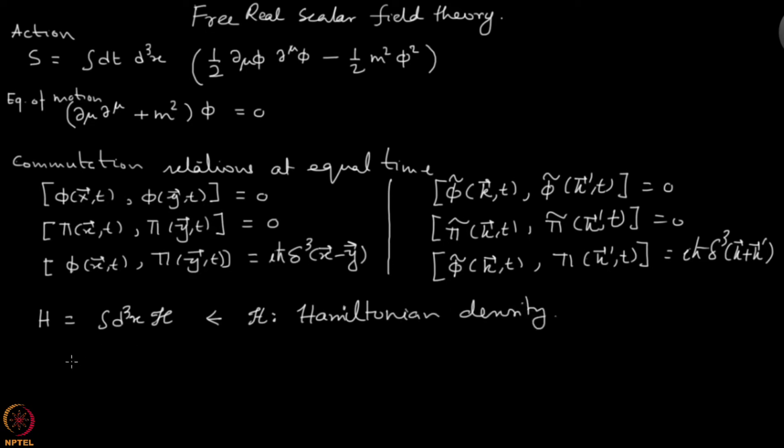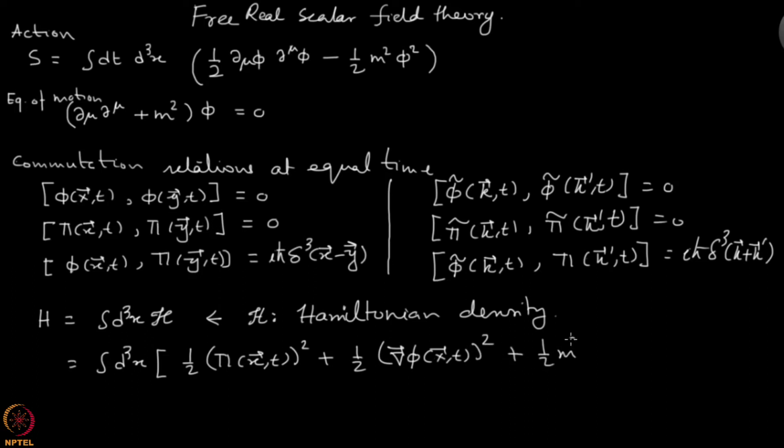And that we found to be the following: half pi of x t squared plus half gradient of phi of x t squared plus half m squared phi squared.